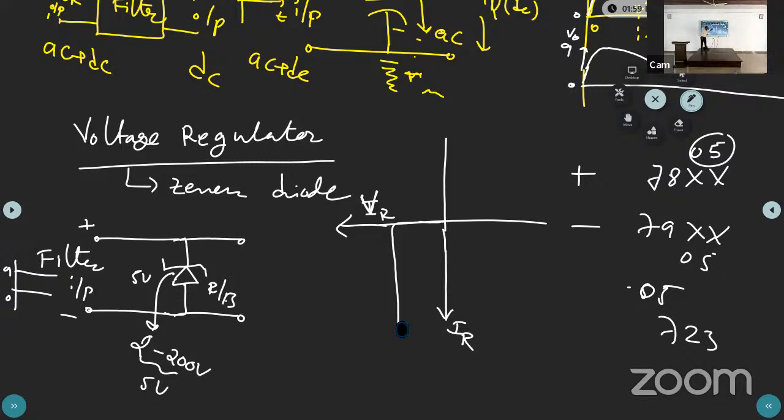See, what is the meaning of this curve? What is the meaning of this? The applied bias voltage increases, but the voltage across the diode will give only 5 volts.